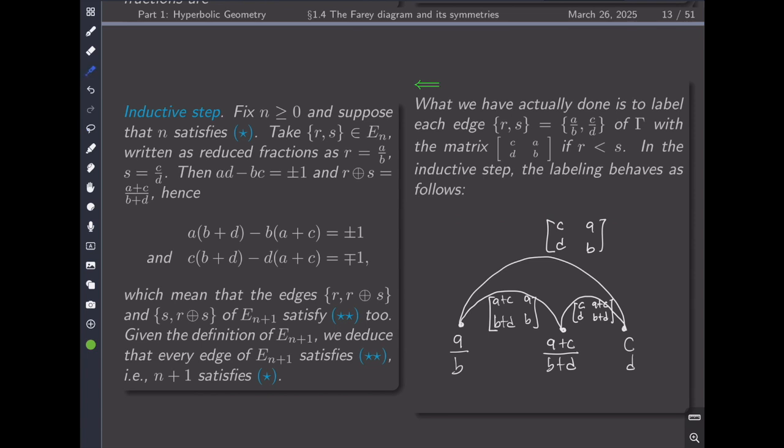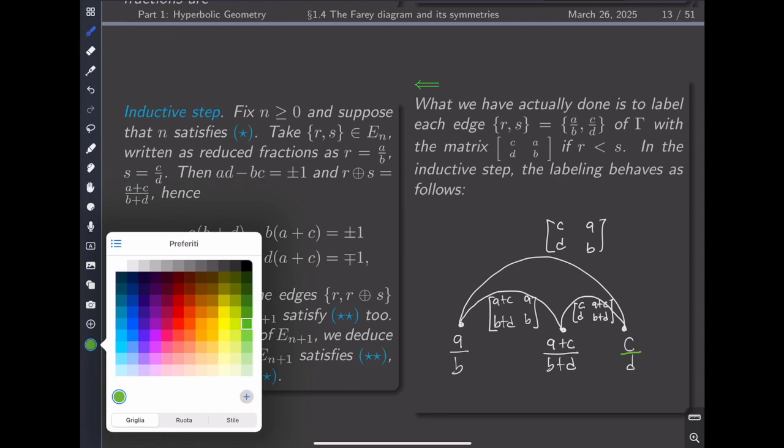Then I just briefly repeat that in the inductive step, assuming that these two were already connected by an edge, labeled with this matrix. Every time an edge was added, we labeled the corresponding edge with this matrix, where the first column is given by the larger rational number.